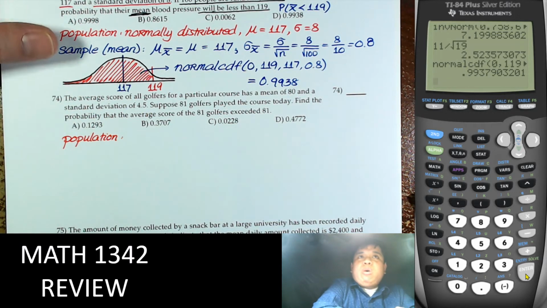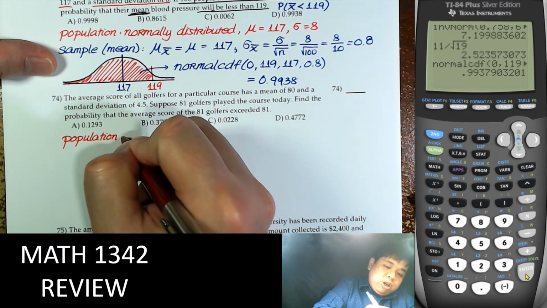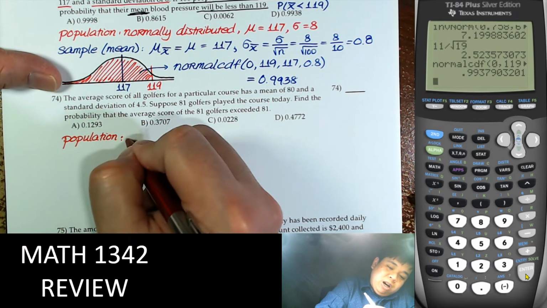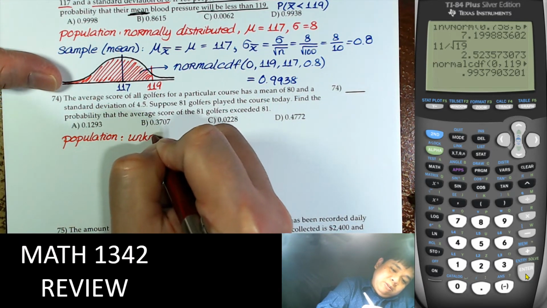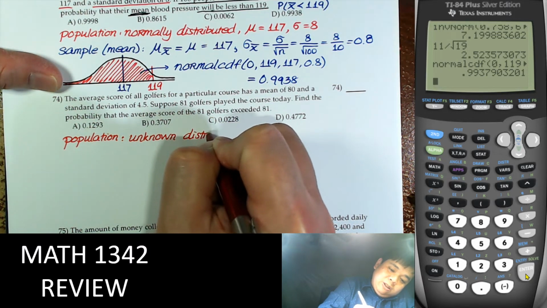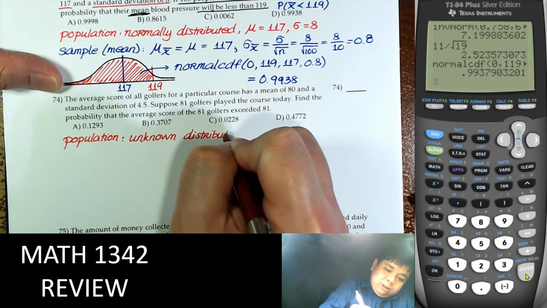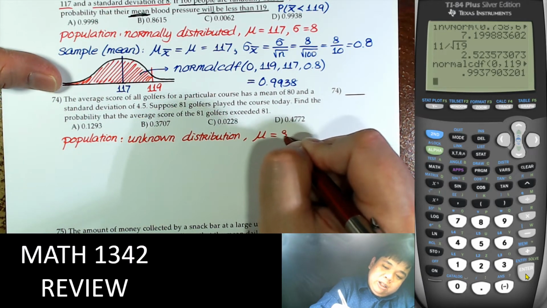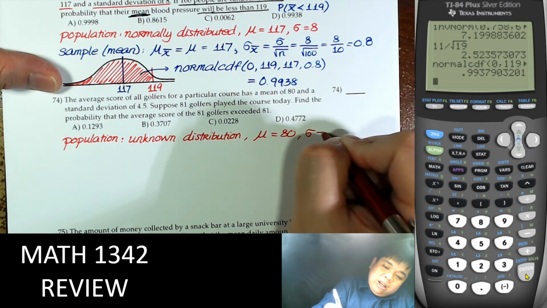In this case, we don't know if the population is normally distributed or not, because it did not say, so unknown distribution. We do know the mean and standard deviation.